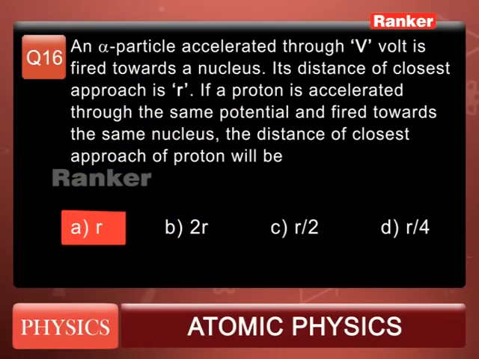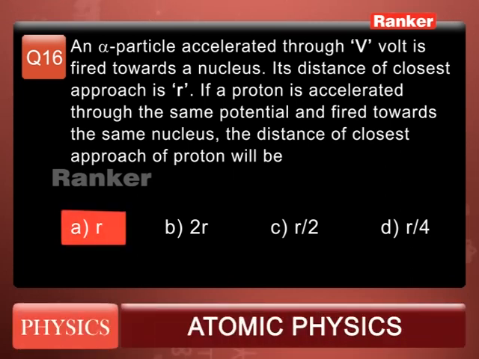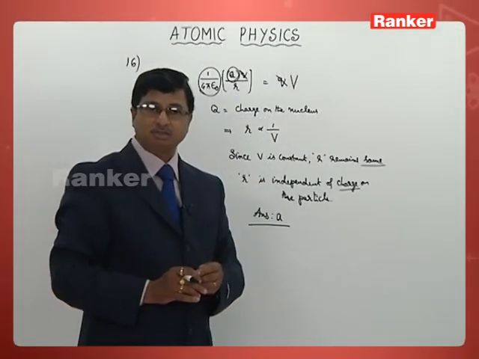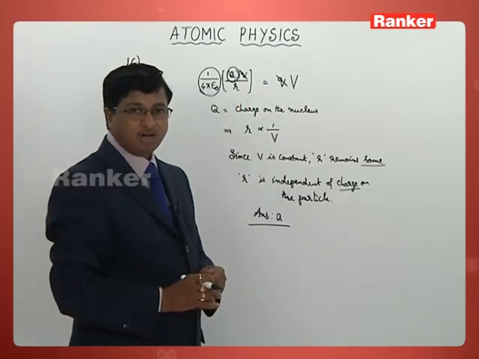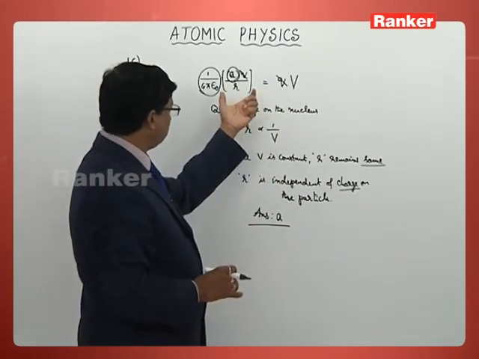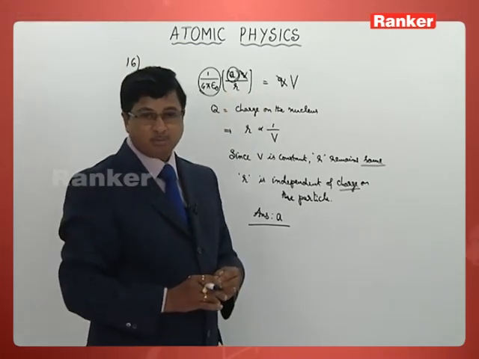So r remains the same. Then what will be the correct answer for this particular problem? It is simply A. r is unchanged. That is the concept. So this is actually the concept you should understand. And what is the principle to calculate the distance of closest approach there?